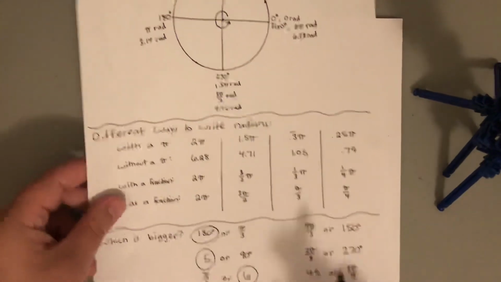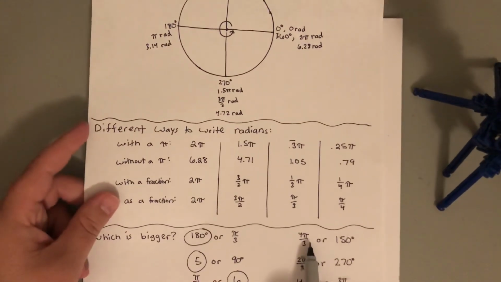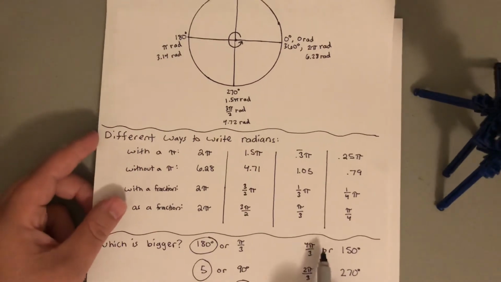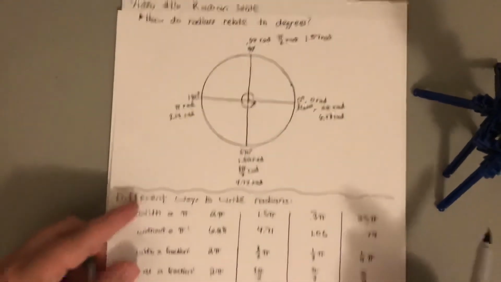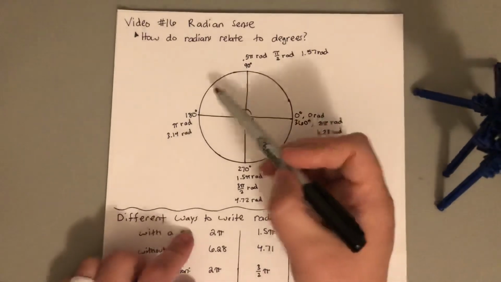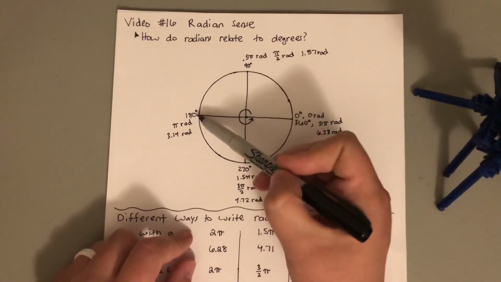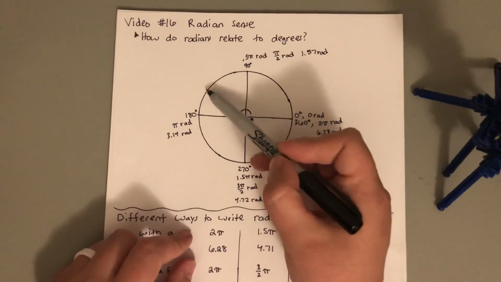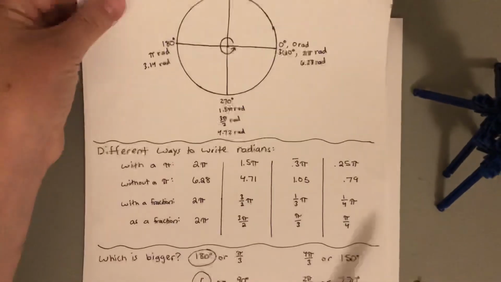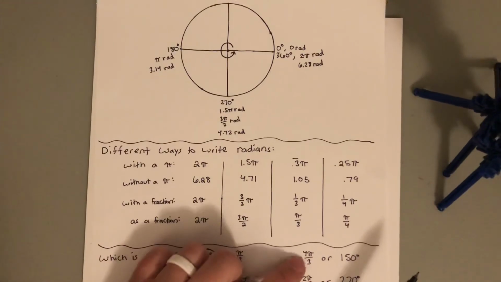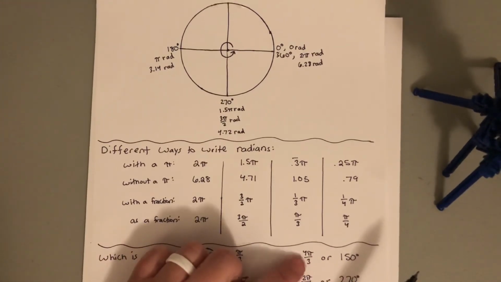Okay, with this one, we have 4 pi over 3 or 150 degrees. Well, we know that 150 degrees is going to fall somewhere right in here, because that's 180 degrees, so 150 would be a little bit less than that. 4 pi over 3. 4 over 3 is bigger than 1. It's an improper fraction. The 4 is bigger than the 3.